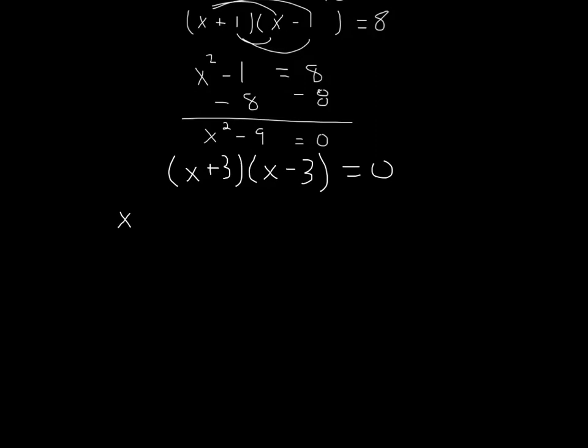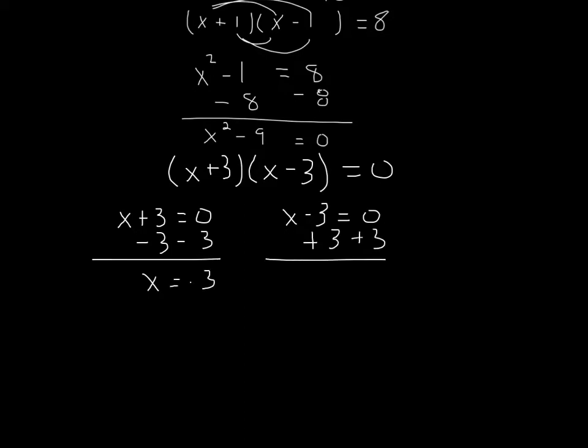So we have x plus 3 is equal to 0, or we have x minus 3 is equal to 0. So we solve those, and we get x equals negative 3, or x is equal to 3. And either one of those will make that solution work.